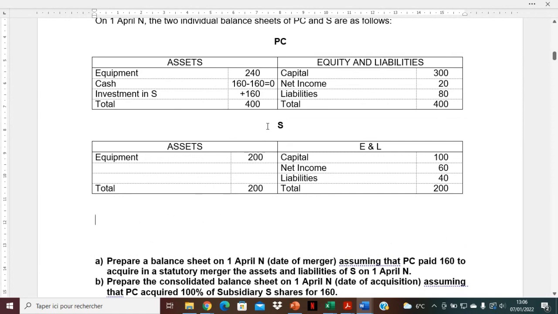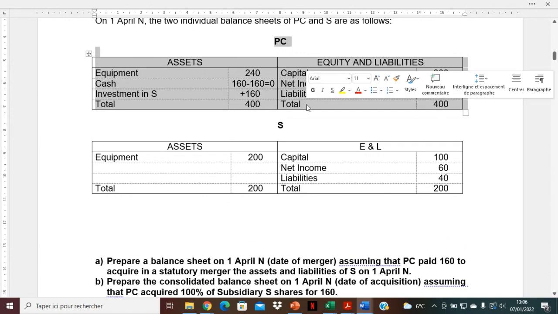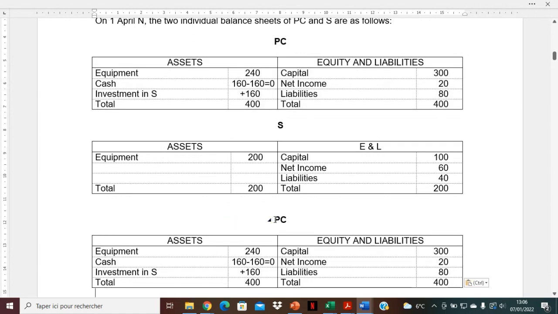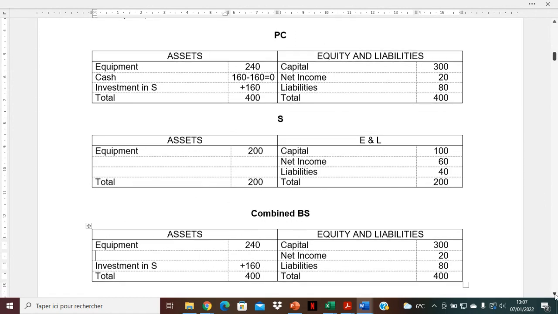And now what we do is actually, well, I can take this balance sheet here, copy it. Sorry, let's do this and put it here. So we set up a combined balance sheet in which I will add all the values that I have. So here I have already the numbers of the parent company.